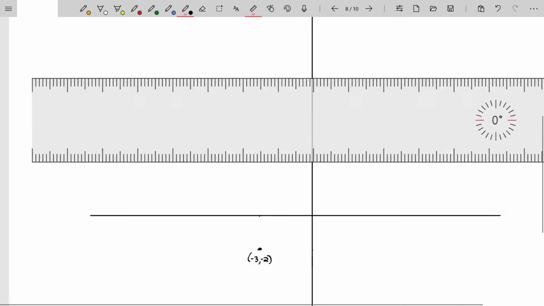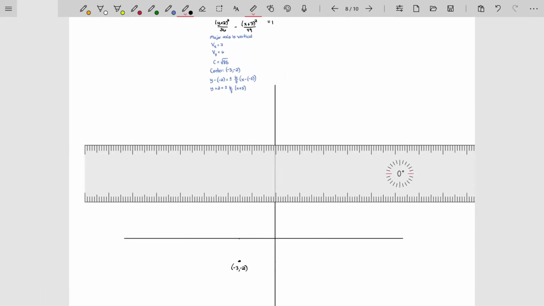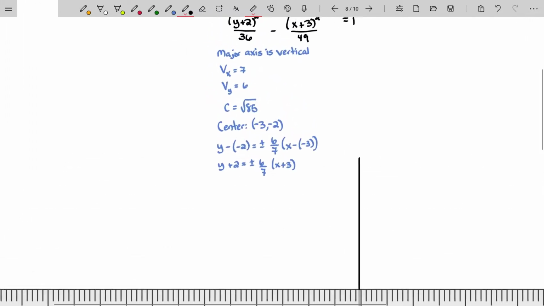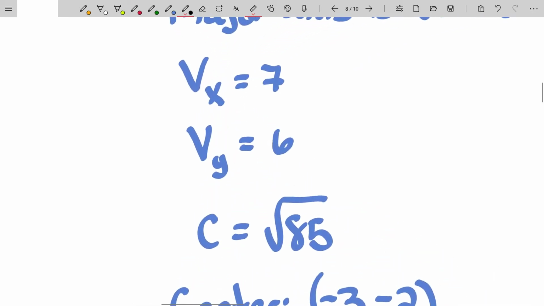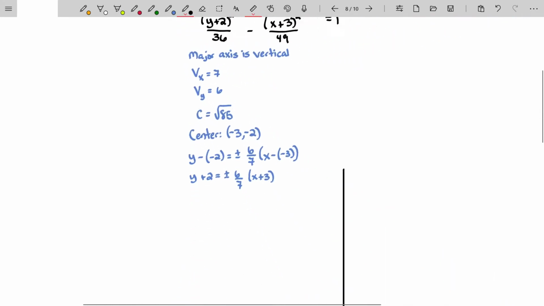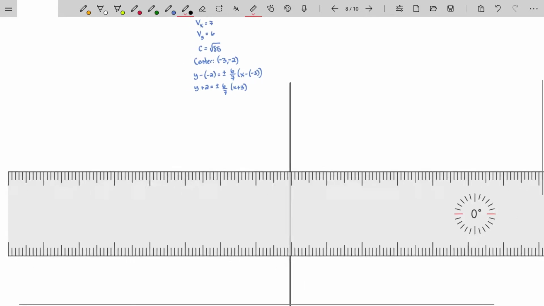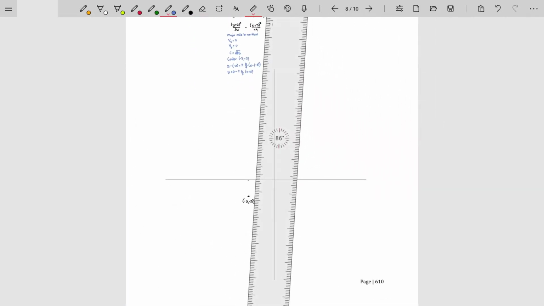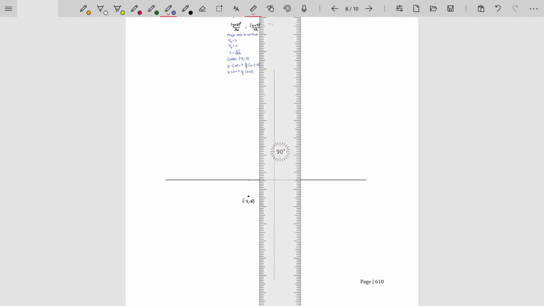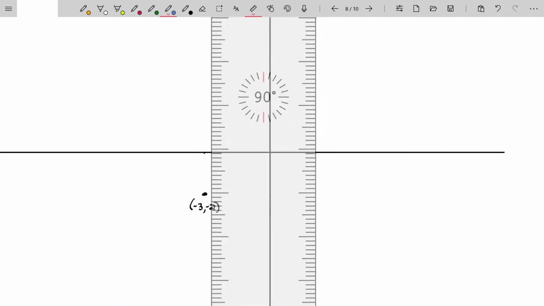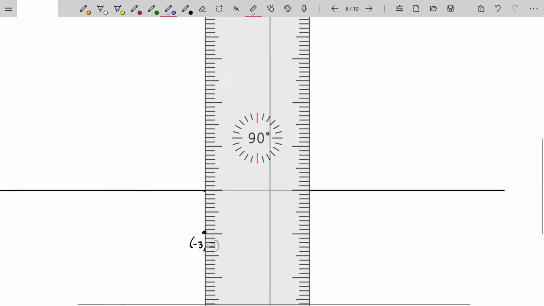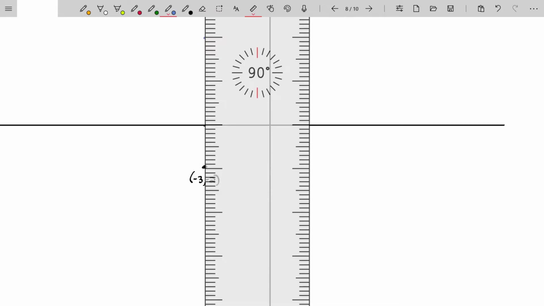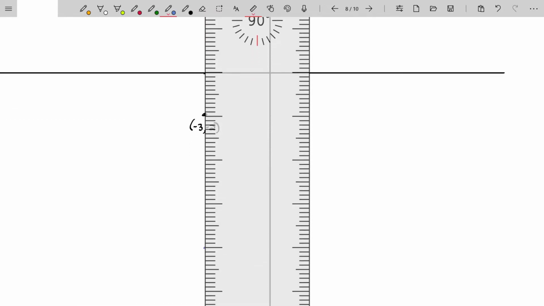So there's my -3, -2 for my center. Then, working on the major axis, which is the vertical axis, I will plot the vertex 6 units above and below that point. Again, I'll use blue this time for the vertex, 6 units above and below. So 2, 4, 6 units above, and 2, 4, 6 units below.